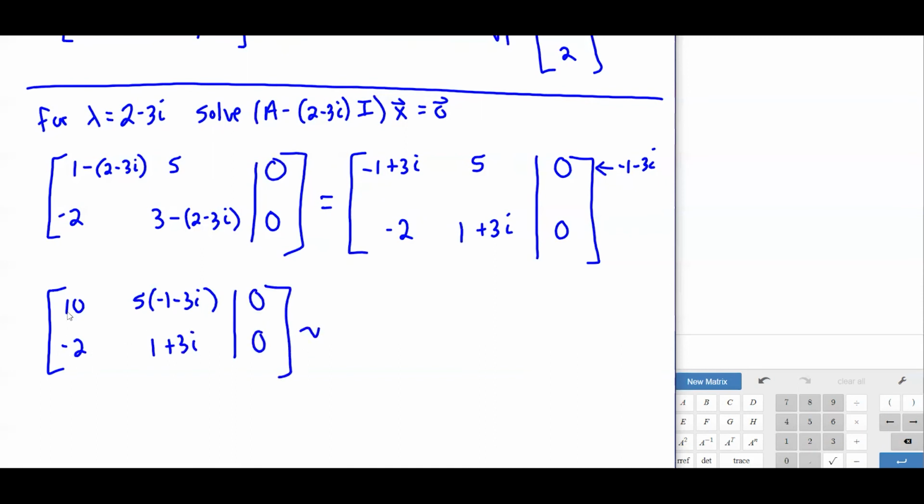If I multiply this by 5 and add it to the first row, I'm going to get 0 here. Am I going to get 0 here? Yeah, these signs are all switched. This is the same thing as negative 5 times 1 plus 3i. So if I multiply this by 5 and add it to this guy, they're going to cancel out. I'm going to get zeros.